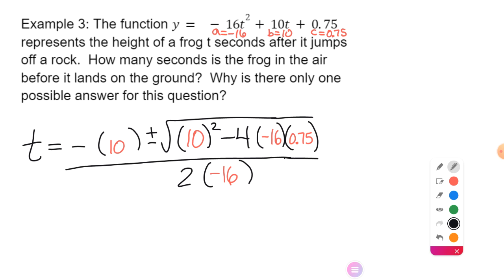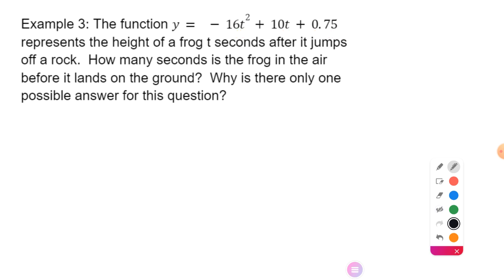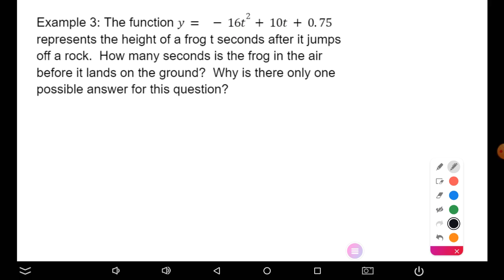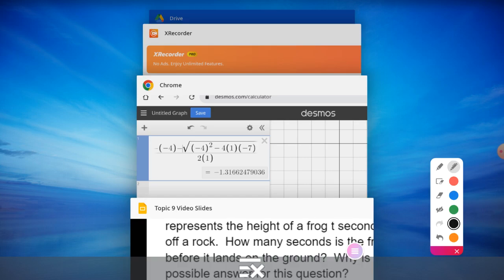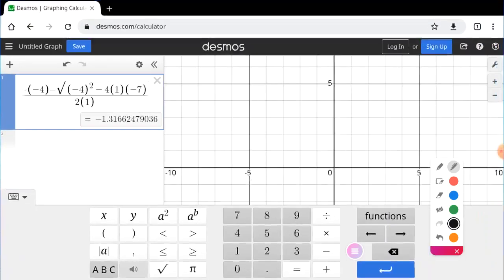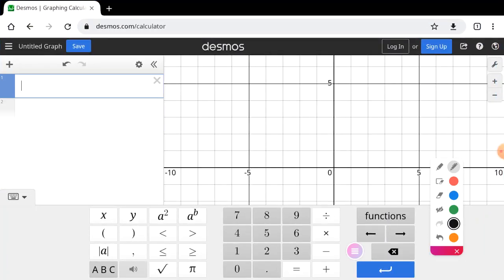All right, so we'll drop that into a calculator. Let me switch over to Desmos. Okay, so again, put the fraction first.